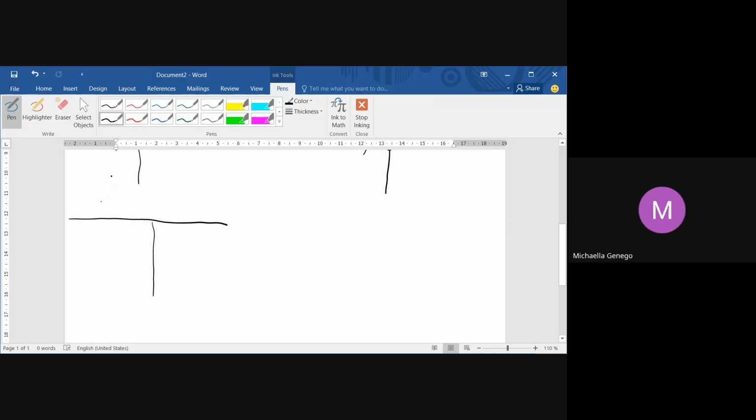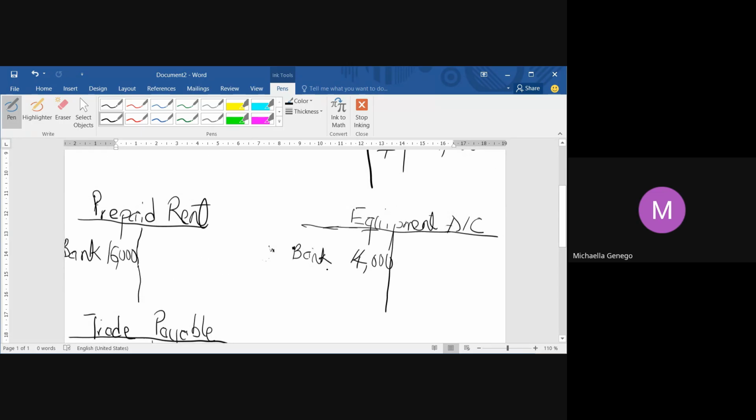Is it accounts payable? Trade payable. We already have the office equipment account.